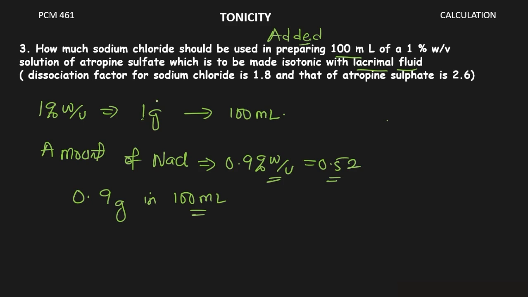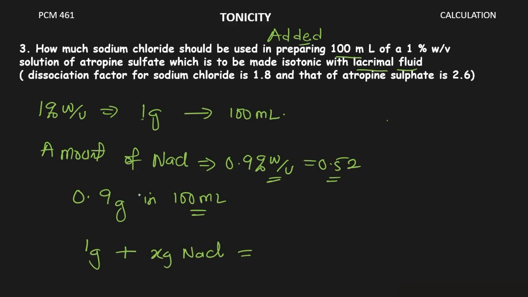So at the end of the day, you will now say that 1 gram of atropine sulfate, I'm just trying to make it simpler, 1 gram of atropine sulfate plus S, because they ask you to calculate how much sodium chloride to add, so it's 1 gram of atropine sulfate plus S gram of sodium chloride, supposed to give you a total tonicity of 0.52.